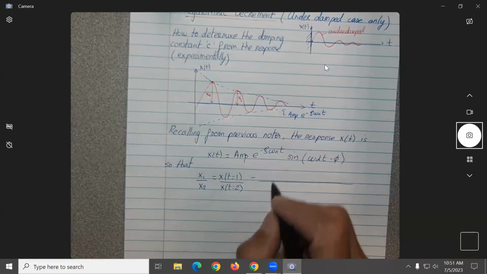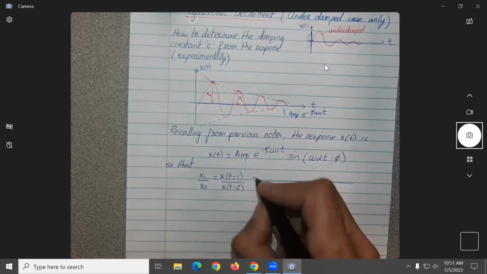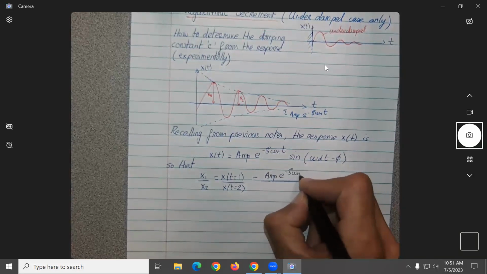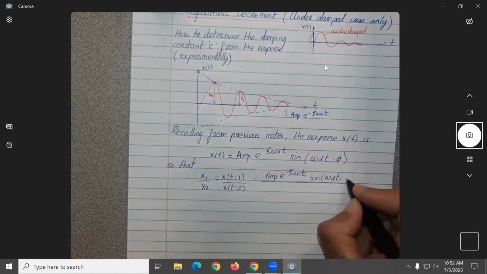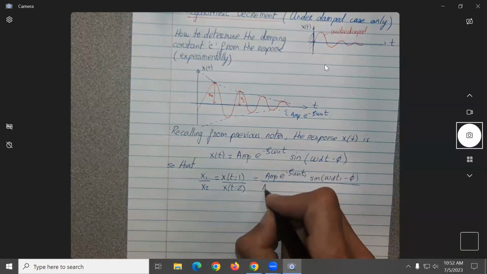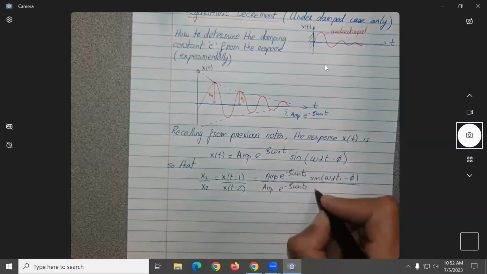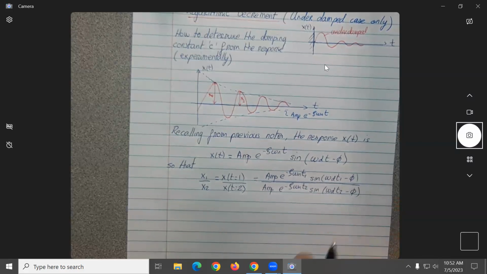So we're going to have here the amplitude times exponential of minus xi omega_n T1 times sine of omega_d T1 minus phi, divided by the amplitude times exponential of minus xi omega_n T2 times sine of omega_d T2 minus phi.